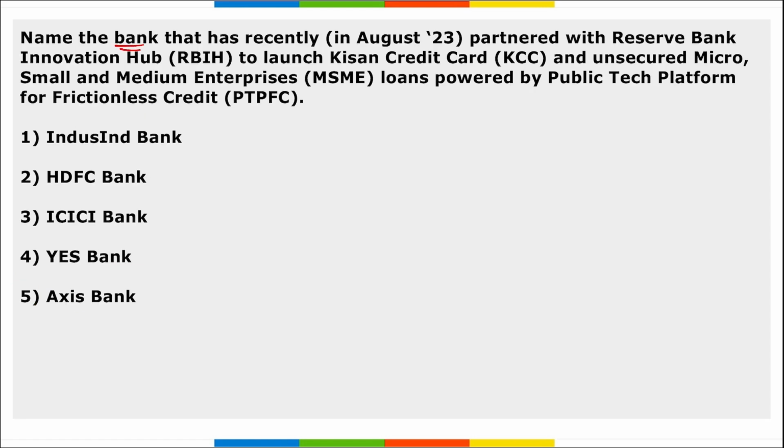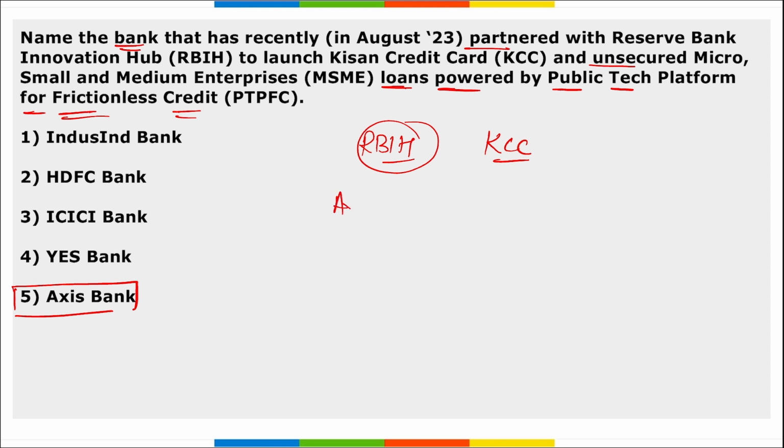Next, name the bank that recently partnered with RBI Hub to launch Kisan Credit Card and unsecured MSME loans that are powered by public tech platform for frictionless credit. So which is it? Tell me. It is your Axis Bank, correct? It is your Axis Bank that had tied up with RBI Hub to launch Kisan Credit Card and unsecured MSME loans that will be powered by public tech platform for frictionless credit.